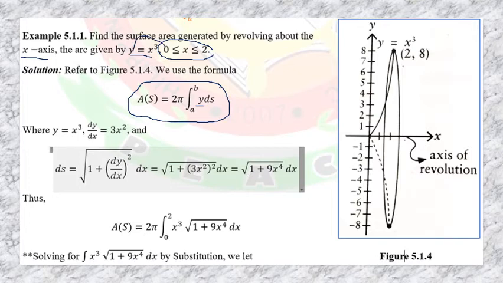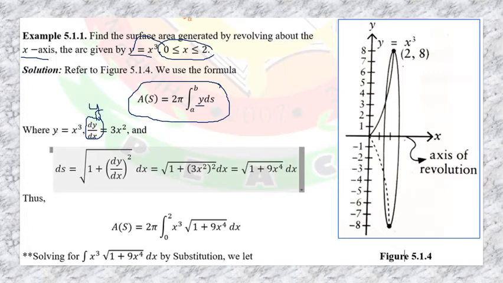And then, get the derivative of this, dy over dx. Okay. Ibig sabihin lang dy over dx is differentiating with respect to x. So, dy over dx niya, hindi na y prime.